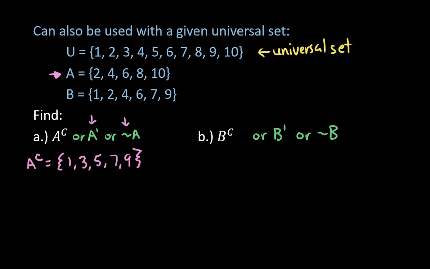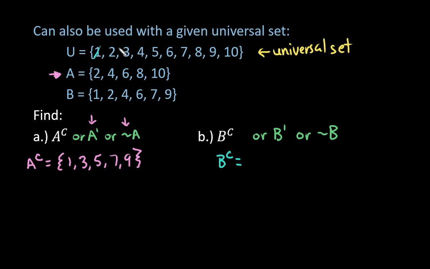For the last one, for B, we're looking for all things that are in our universal set, but not in B. We could say B to the c or B prime or tilde B, whichever one you want to use. We can see that 1 and 2 are both there.